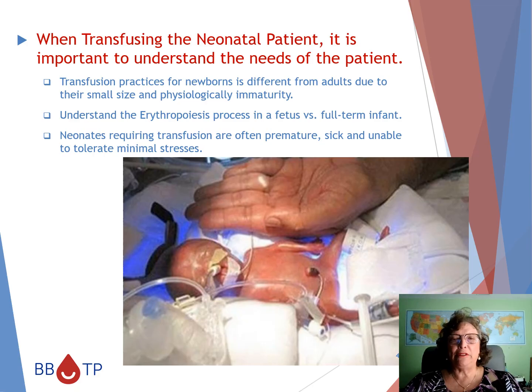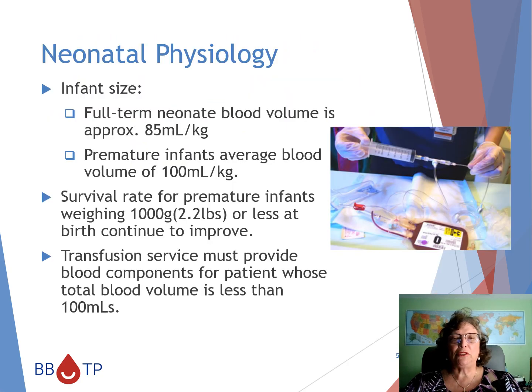A lot of times these premature infants, less than 2.2 pounds, cannot take stress on their systems, and it can result in organ failure. So they have to be very careful with how they proceed with treating these patients. In addition to that, we have to understand the erythropoiesis process for a fetus versus a full-term infant, so we understand this patient population and their needs.